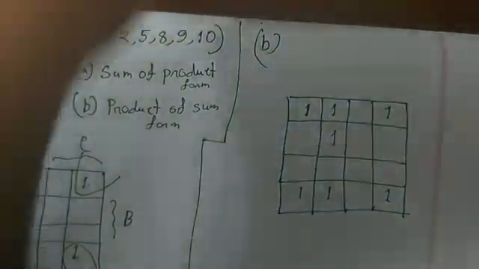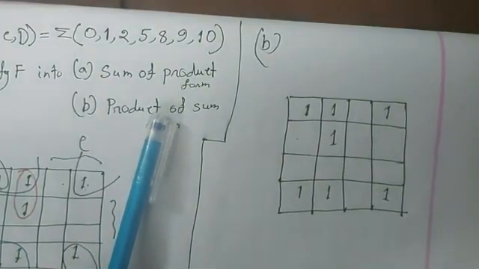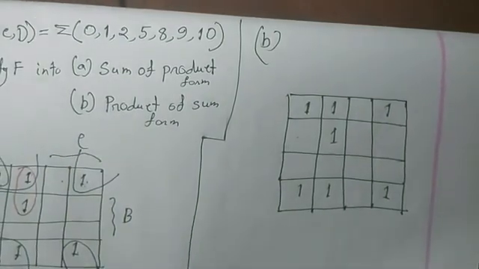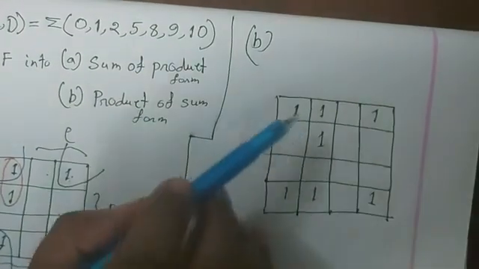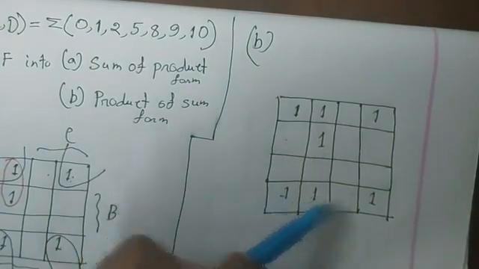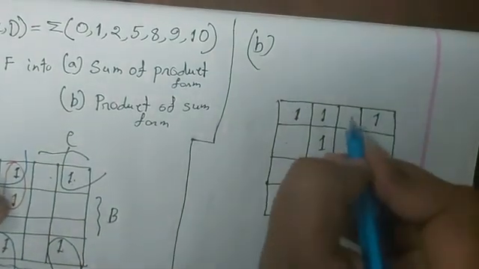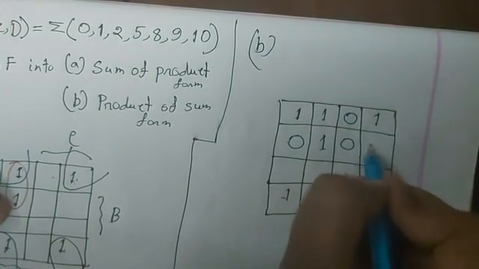Now if we want to find the product of sum form, then what we have to do is make the groups of zeros. If these places are 1, the other places are basically filled with zeros.